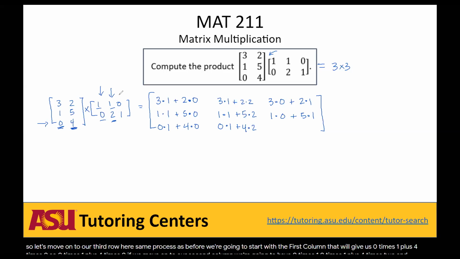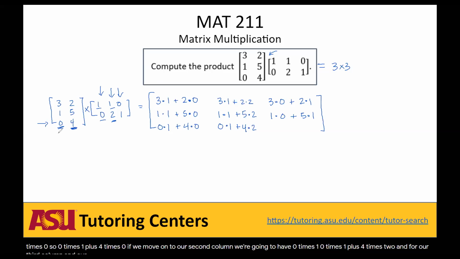And then for our third column in our second matrix, we'll have 0 times 0 plus 4 times 1.